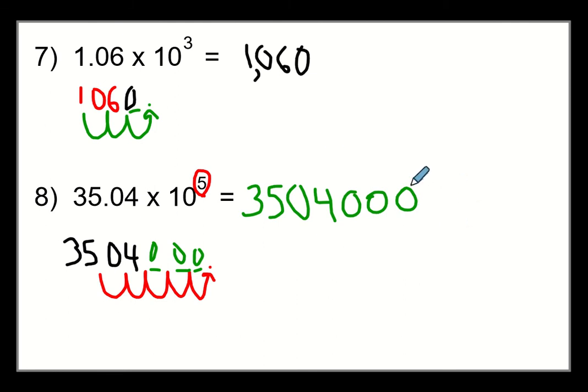And I want to start out by noting that this is my ones place. This is my tens, this is my hundreds, then I have my thousands. So in between my thousands and my hundreds, I need to put a comma. And then I have, again, my thousands, my 10,000s, my 100,000s, then I have my millions. So in between my millions and my 100,000s, I need another comma. So 35 and 4/100 times 10 to the 5th power equals 3,504,000.